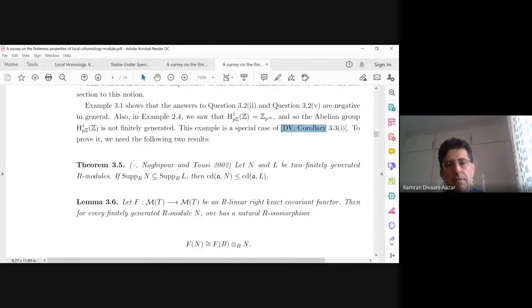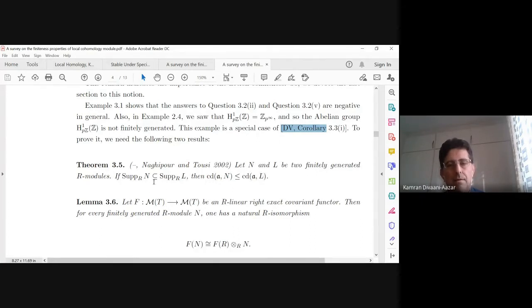Theorem 3.5 says that if N and L are two finitely generated R-modules such that the support of N is contained in the support of L, then the cohomological dimension of N with respect to A is less than or equal to the cohomological dimension of L with respect to A.